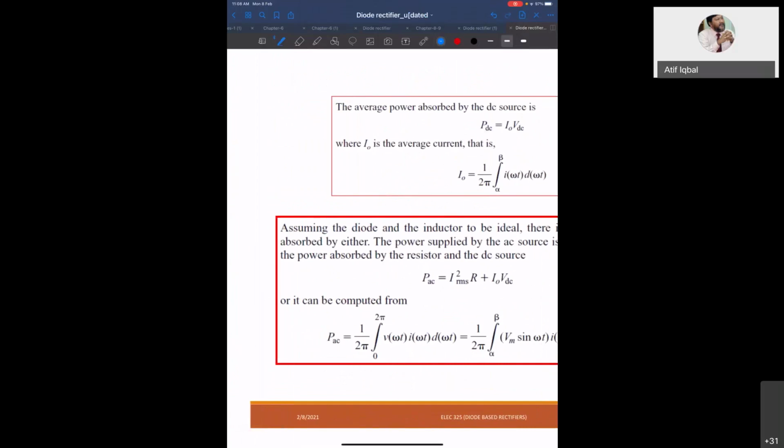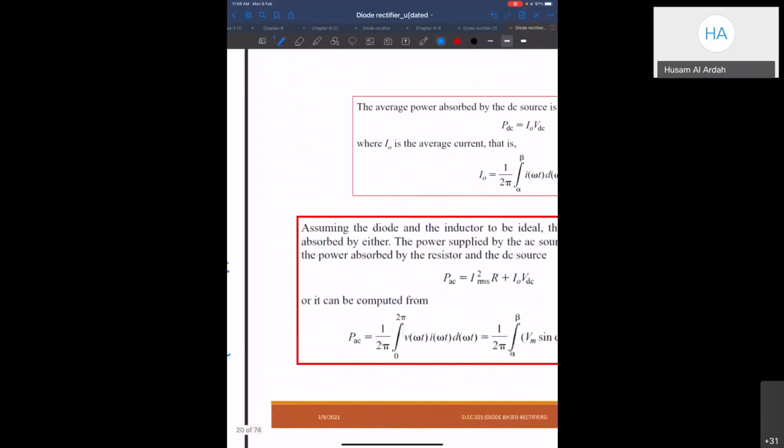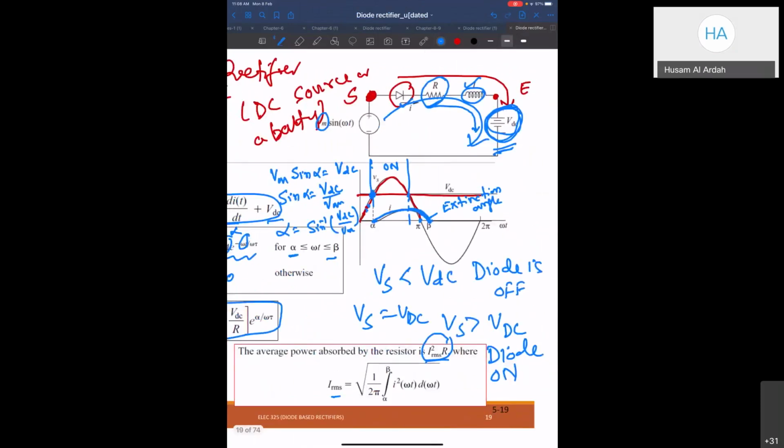Yes, doctor, and the last slide to confirm. So when current begins to fall, the diode becomes open circuit, right? Yes, it should be off. The diode should be off, but actually, because of the inductor effect, it is not off. It takes some time for the current to fall to zero here.